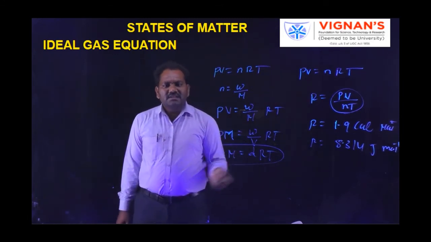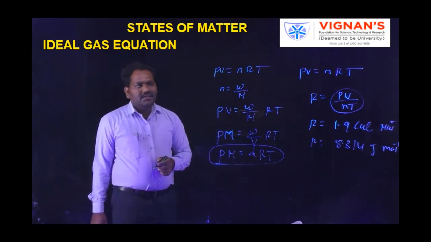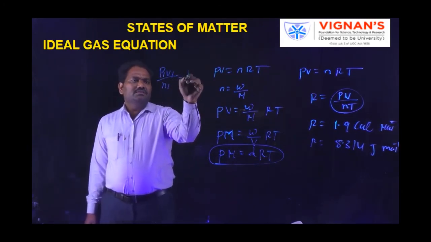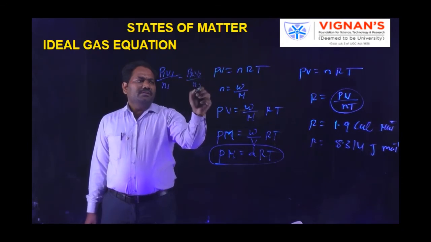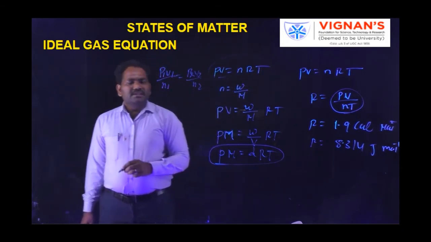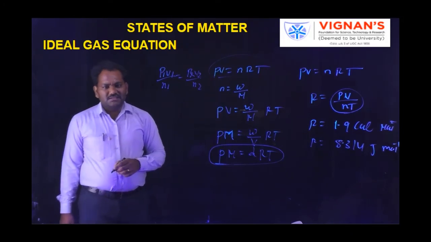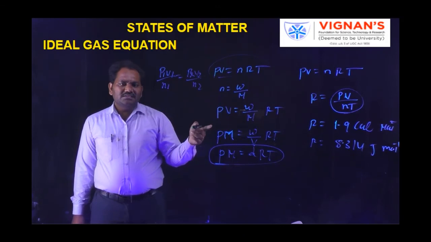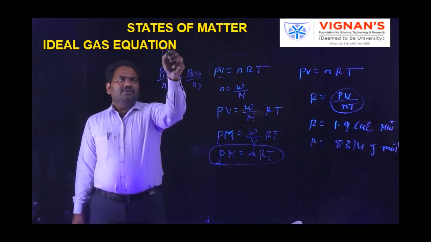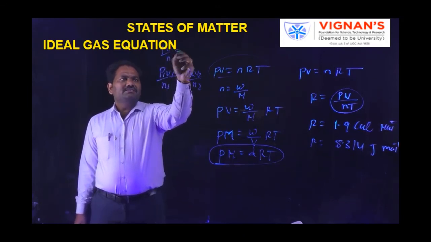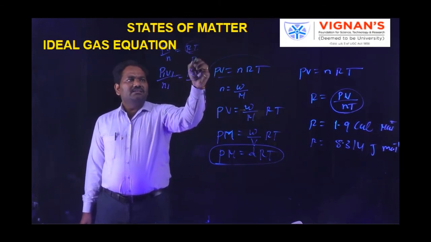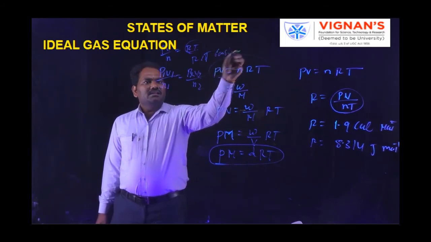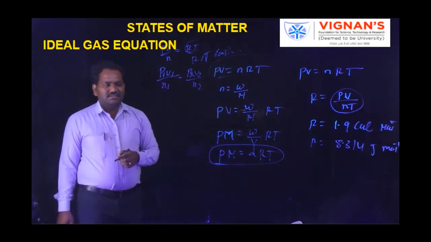Like this, we can derive many equations, like P1V1 by n1 is equal to P2V2 by n2 at constant temperature. R is constant, T is constant, then PV by n is equal to RT, so we can also write like this.